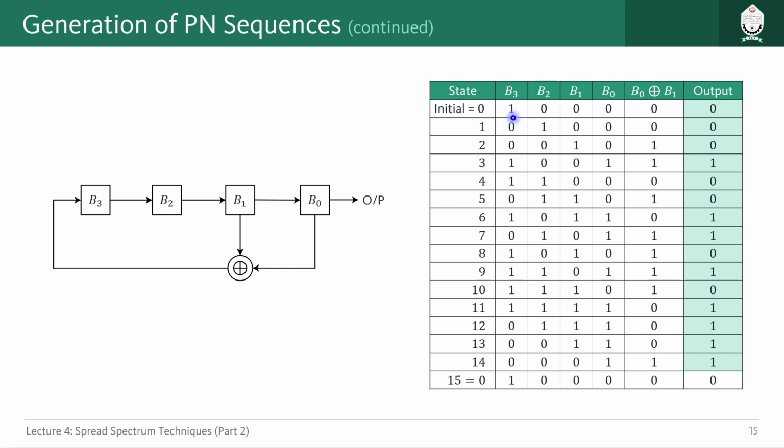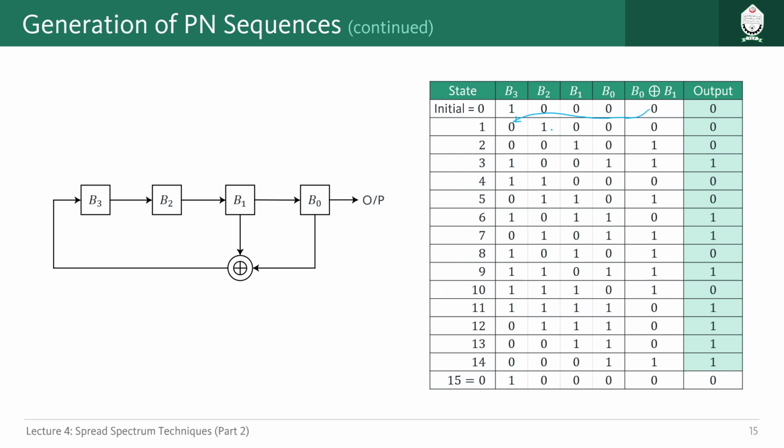Now let us look at the initial state. Initially we had the value 1 0 0 0 stored in our shift register, and B1 and B0 will be going to this XOR gate, and the output should be 0 because there are no binary ones here, so the result is 0. And at the next clock pulse, the contents of this result will be going to our B3 stage, like this.